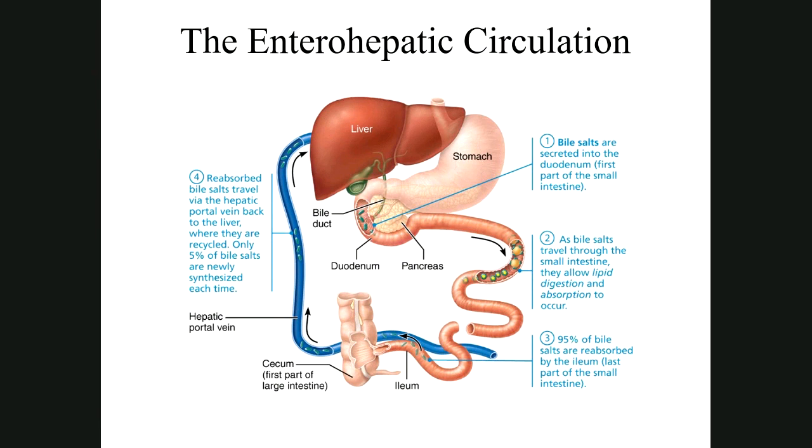This reabsorbed bile salt is going back to the liver via the hepatic portal vein, where it is recycled all the time, and only 5% of the bile salts are normally excreted each time. This is what is enterohepatic circulation. Enterohepatic, it's between the intestine and the liver.